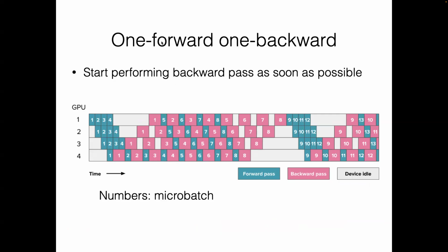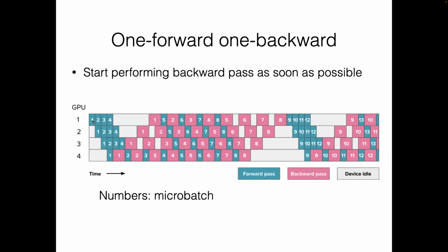So here's a technique called one forward, one backward. And here the idea is to start performing a backward pass as soon as possible. Now the numbers here are not layers, they are different micro batches. So let's say that you do micro batch 1, 2, 3, 4.